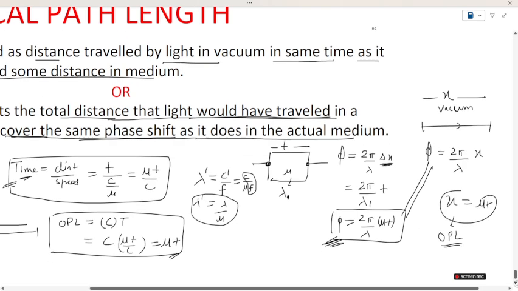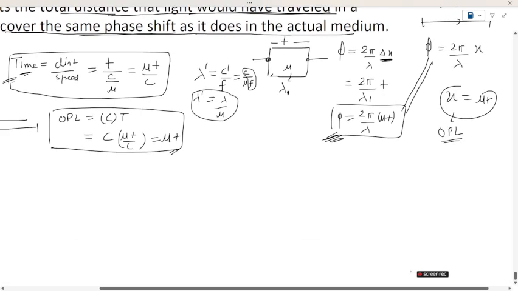So how will we use this formula? This formula can be used if a light ray is traveling through, let's say there is a source S1 and a source S2, and this is a point P, and this distance is x and this distance is x.